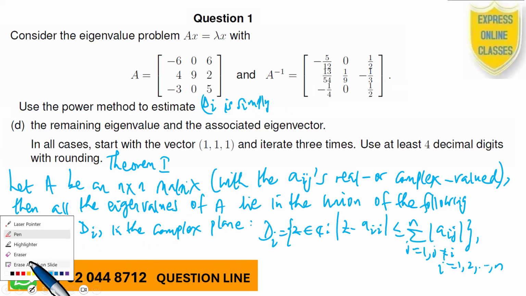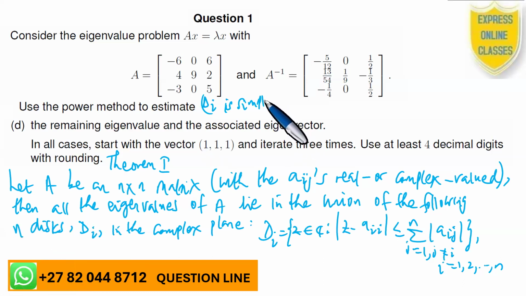the D_i is simply, I'm just quoting theorem 1 so that we can make sense of everything on this recording.